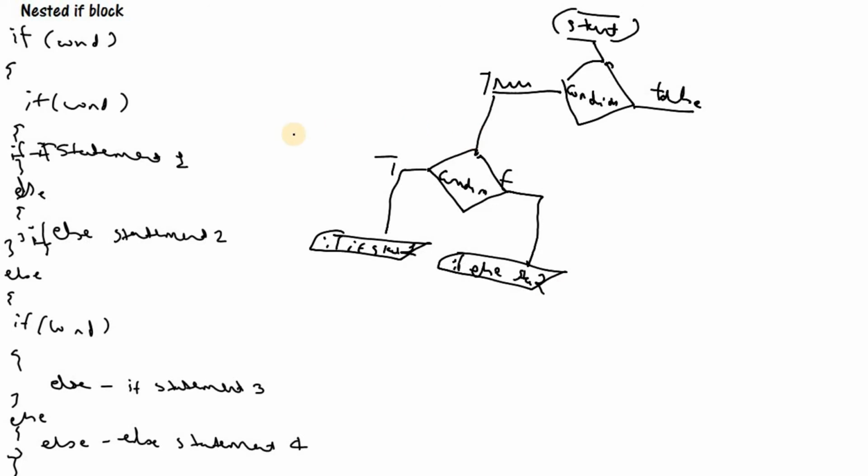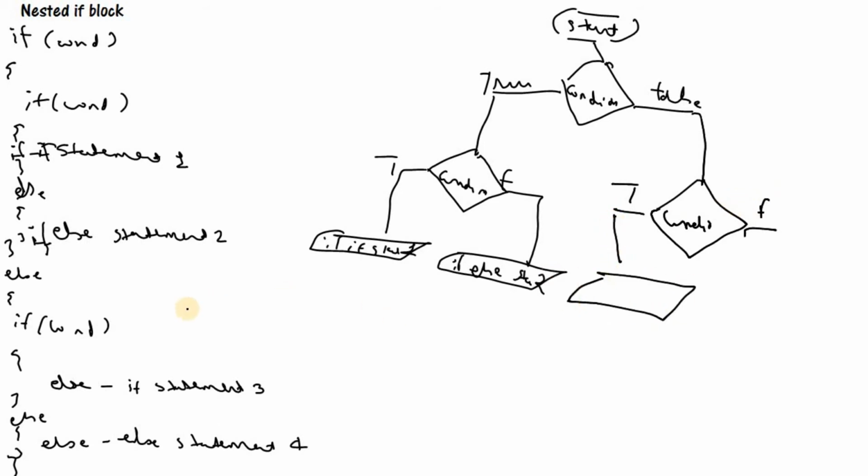This is our if else of the outer condition. If the whole outer condition is false, then it goes to the else part. In that false branch, it will check a condition. If the condition is true, this statement will print: else if statement 3.